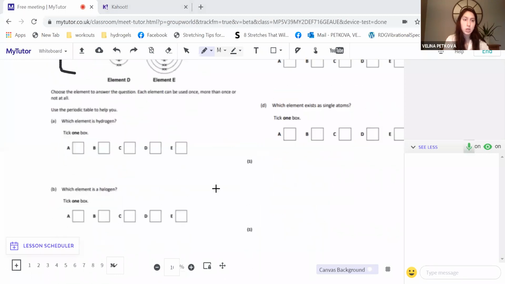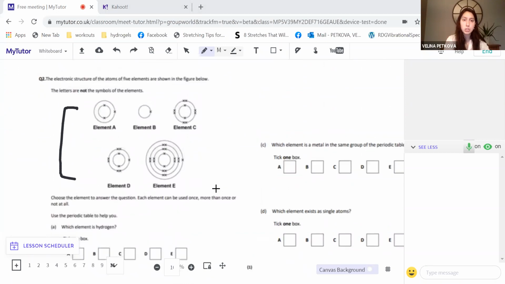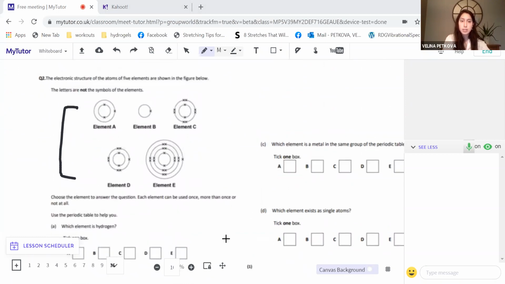So let's see the next question. Which element is a halogen? So which of these do people think is a halogen? If you want to write that down, which of the 5 elements is a halogen? So what group is halogen? It is in group 7. Yeah, some great answers. Brilliant. So it would be D, because there are 7 electrons in its outer shell.